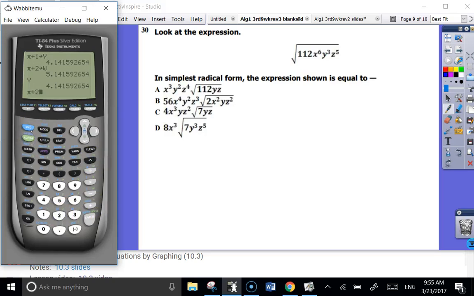Which key is a z? And then you just have to put in this second square root. Just type it exactly like you see it. 112 x to the 6th. X hat 6. Get out of the exponent. Alpha 1 hat 3. Get out of the exponent. Alpha z hat 5.